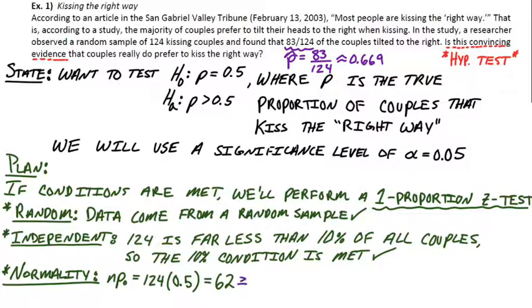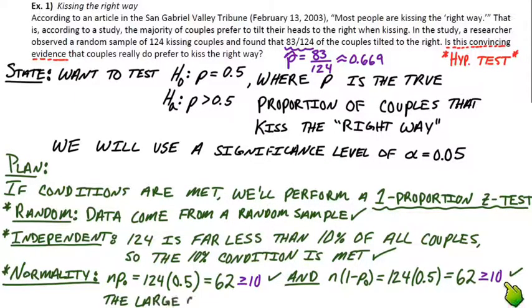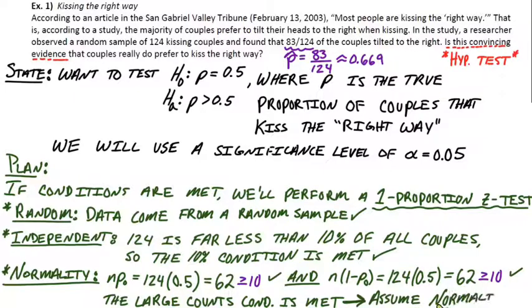So that definitely beats 10. Great job. That gets a check mark. And we've got to show the other way. So n(1 minus p), 124 times 0.5, which is 62 again, which is bigger than 10. Great job. So the large counts condition is met, meaning, hallelujah, we're done. We can assume normality.